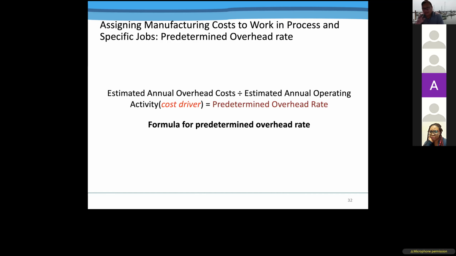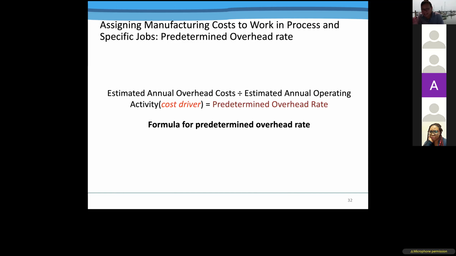So what is operating activities? This would be something like direct labor cost, direct labor hours, machine hours. For example, I'm expecting that every year my company has 100,000 direct labor hours.